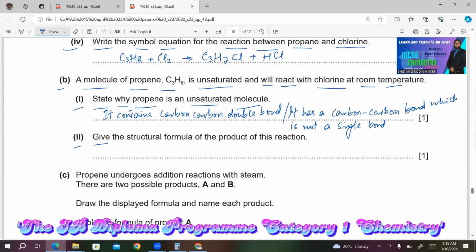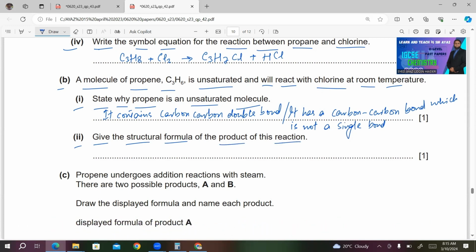Number two, give the structural formula of the product of this reaction. So we need to draw the structural formula of the product of this reaction. This is an addition reaction. You simply have to add a chlorine molecule to propene. In order to draw the structural formula, how many carbon atoms are there? There are 3 carbon atoms. You need to show the condensed formula.